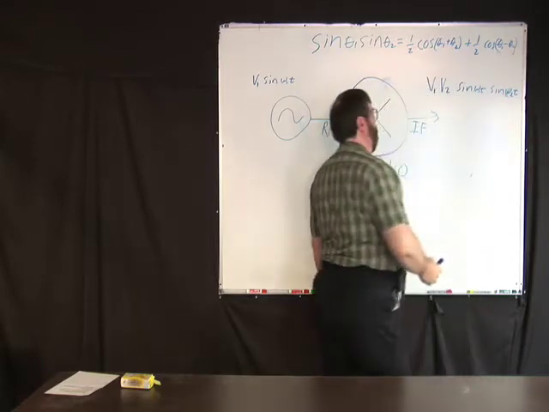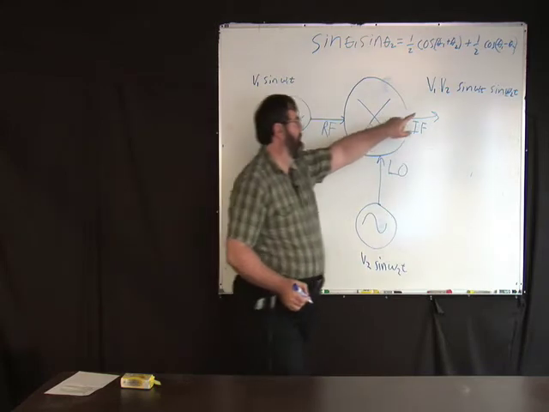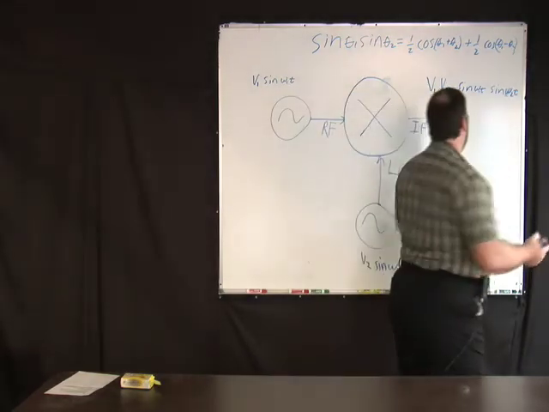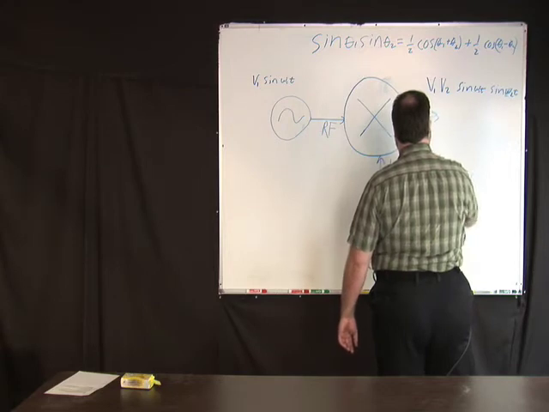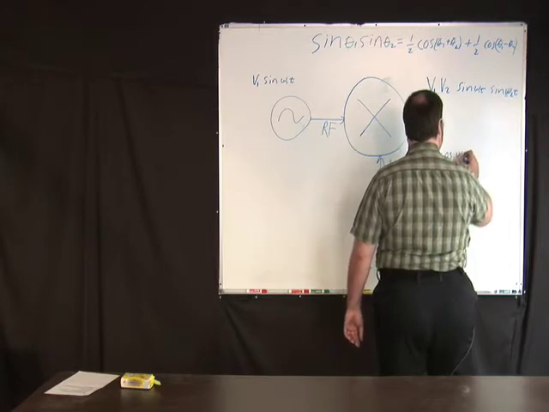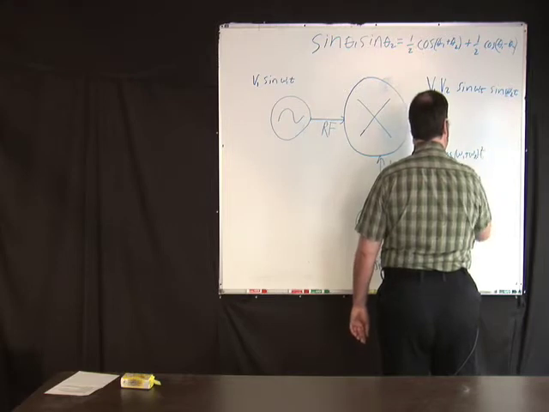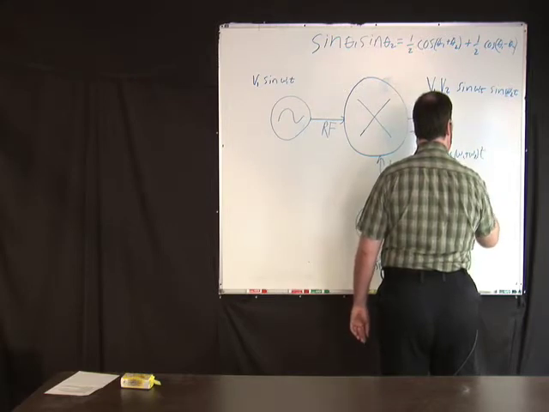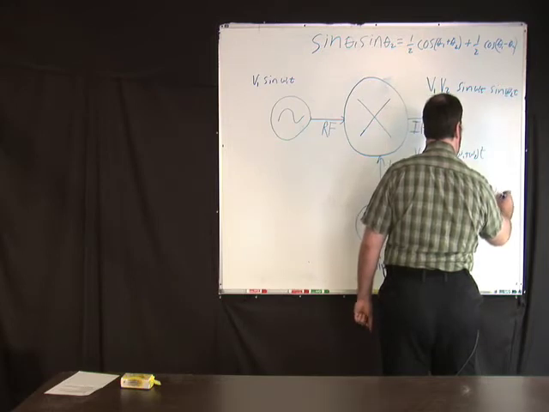That's just a trig identity. Okay. Well, let's apply that trig identity to this. So what you come out with is V1 V2 times cosine of omega 1 plus omega 2 t plus cosine of omega 1 minus omega 2 t.